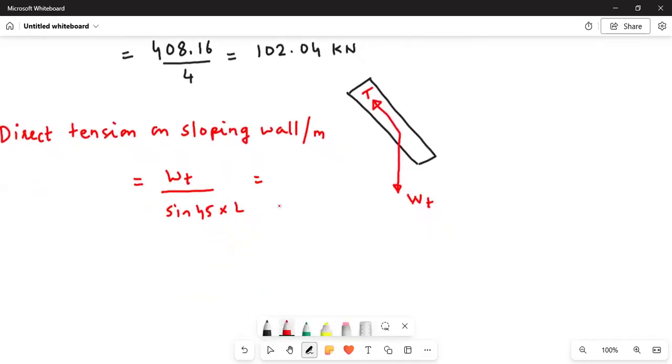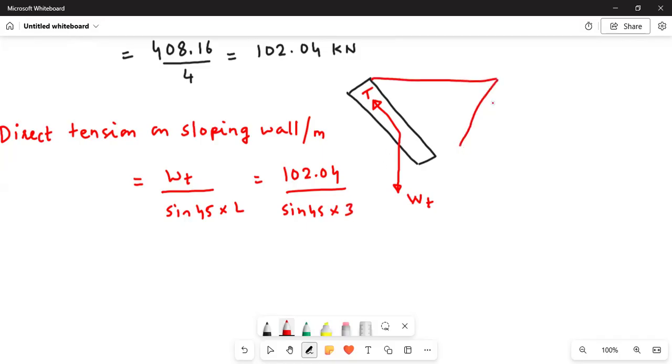WT is the weight on each sloping slab that you just calculated, that is 102.04. 45 degree is the angle of the sloping slab, sine 45 into L. L is 3 meter, this length.